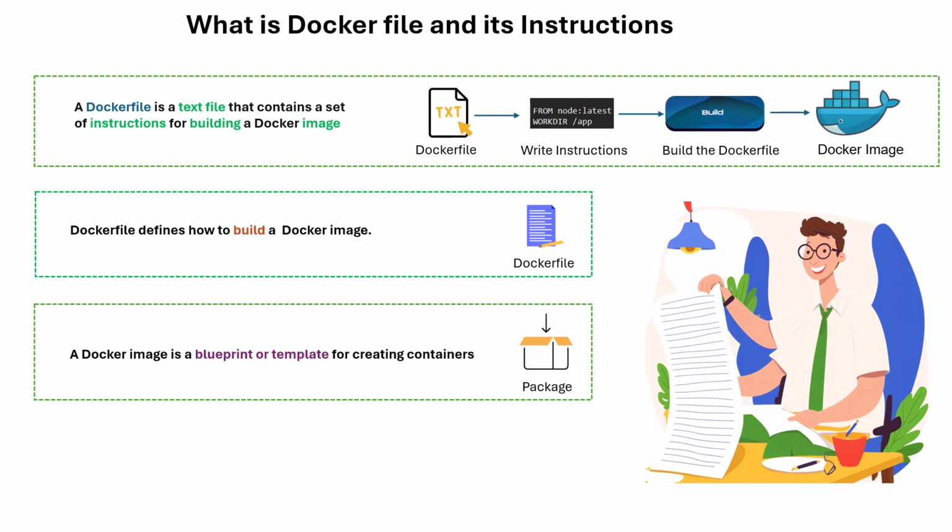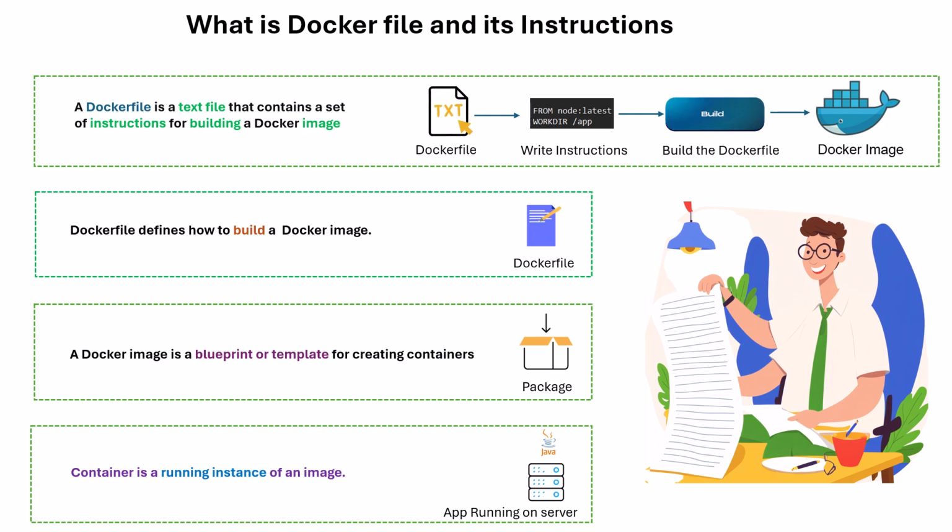Classes are like a blueprint for objects. Similarly, for any containers that we are going to create, first we create a blueprint or template. In this way, Docker creates such a blueprint or template for any application: an image. Once this image is ready, we can simply create a container.